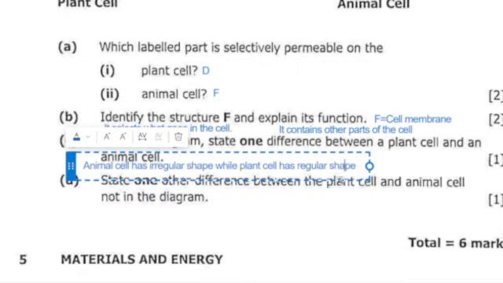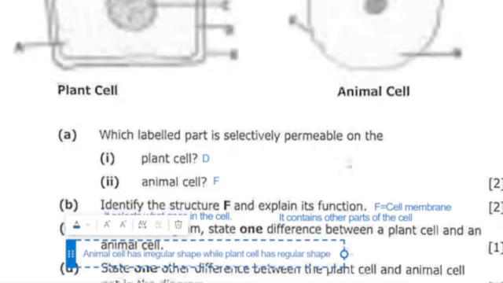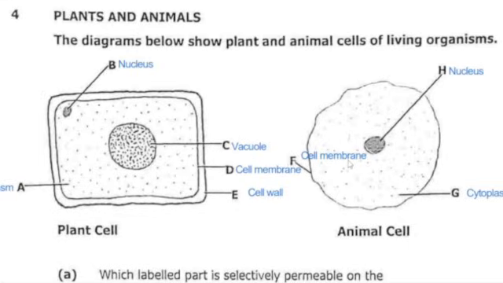Okay, what is the other difference? Let me try to make these small. I'm sure you're able to see them. Now let's pay attention to the parts. You see that we have cell wall here, but here we don't have cell wall. We have cell membrane in both. We have got vacuole here, there is no vacuole here.